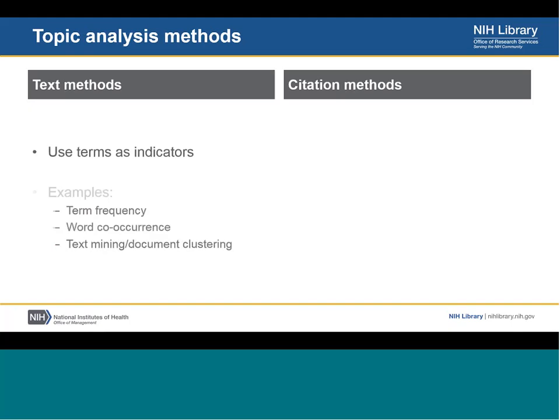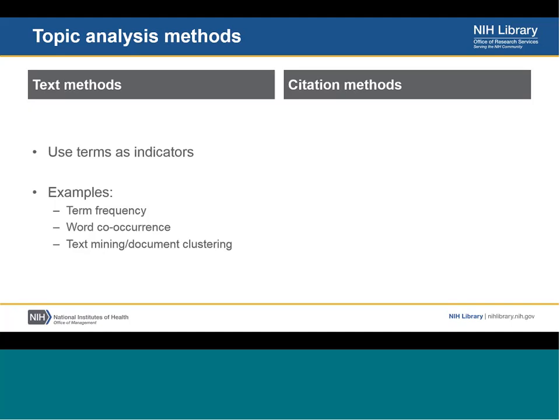There are a huge number of text-based approaches for doing topic analysis. At the most basic level, we could just do term counts and say which terms appear most frequently in the document set to get an idea of what the papers are about. There are also word co-occurrence networks, which I will talk about in more detail a little bit later on.